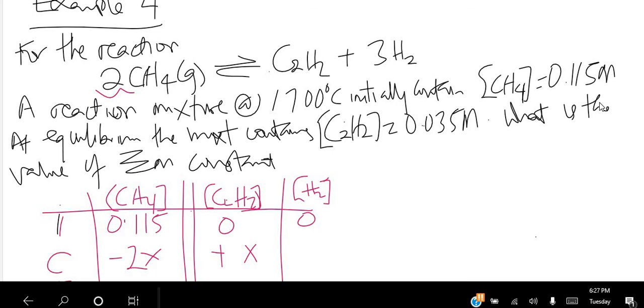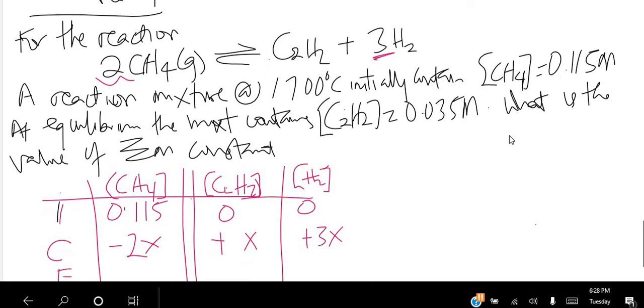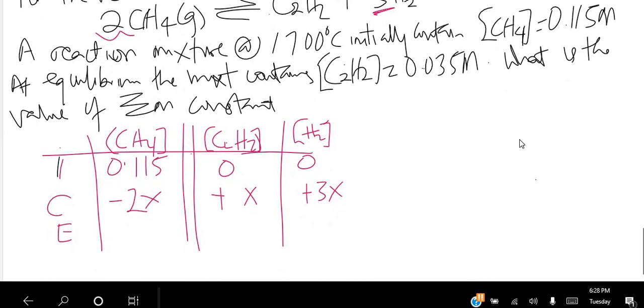And for our hydrogen, it's still going to be positive x, but we have 3 moles, so it's positive 3x, the product. At equilibrium, our C2H2 is 0.035.